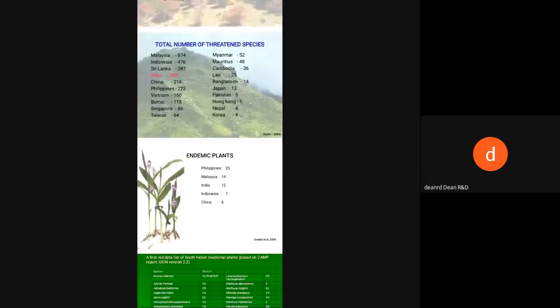In the case of endemic plants, India has around 12, whereas in Philippines it is 25, Malaysia 14, and Indonesia 7, followed by China, it is 6.